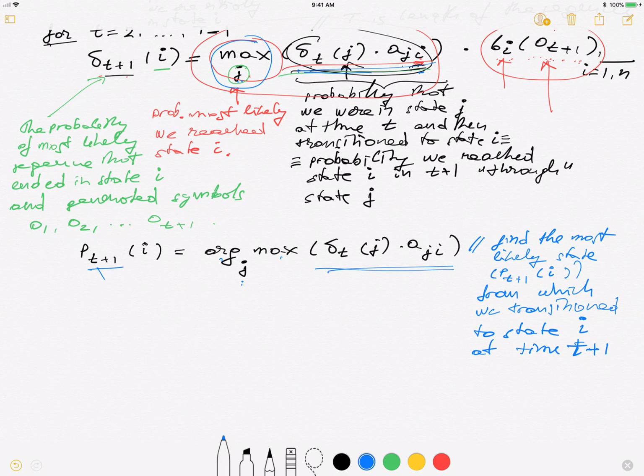So this is time t plus 1, and this is the notation of the most likely state, which maximizes this expression. What is the most likely state from which we reach state I at time t plus 1? So that was iteration.